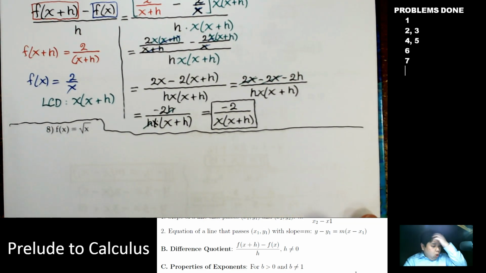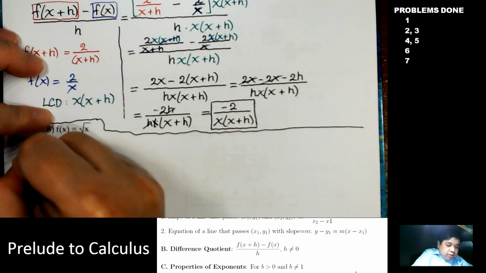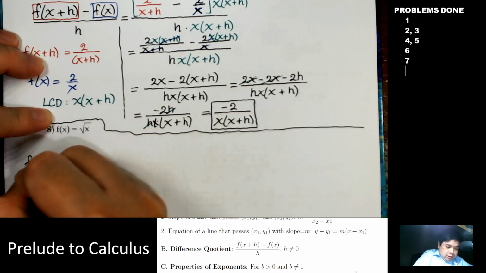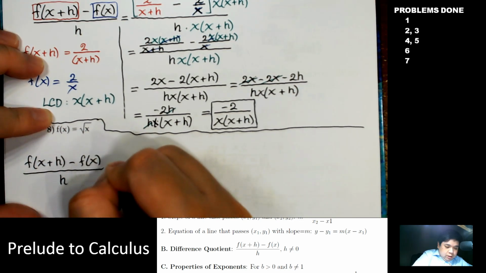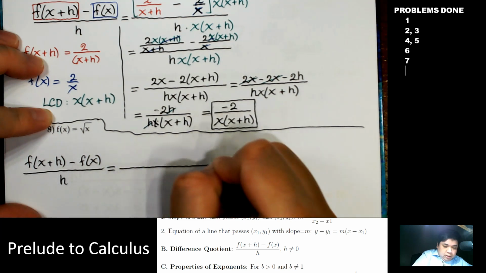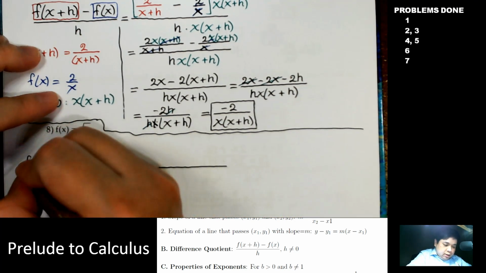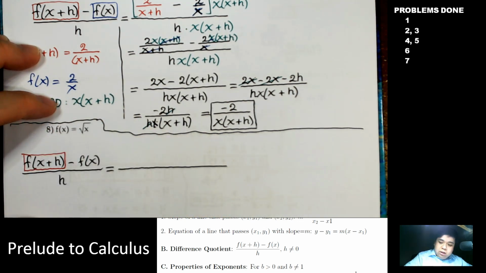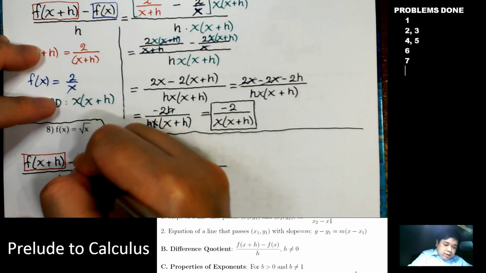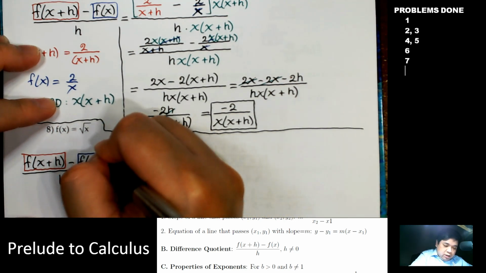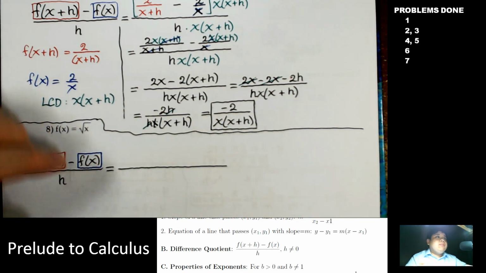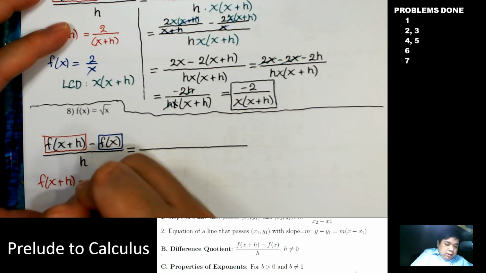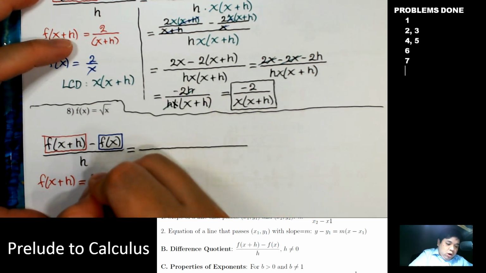Right. So the difference quotient, the formula is still the same. So I have the function at x plus h and the original function. Right, so f of x plus h equal to, we just have square root.